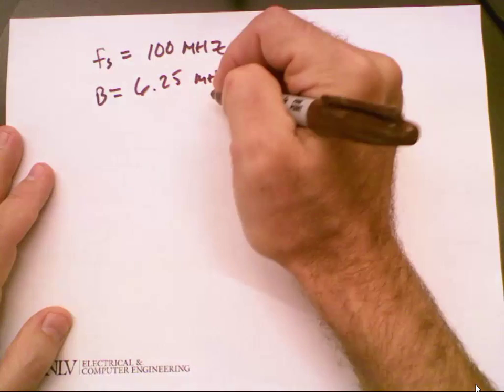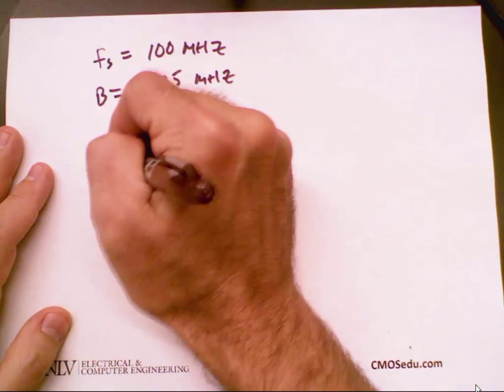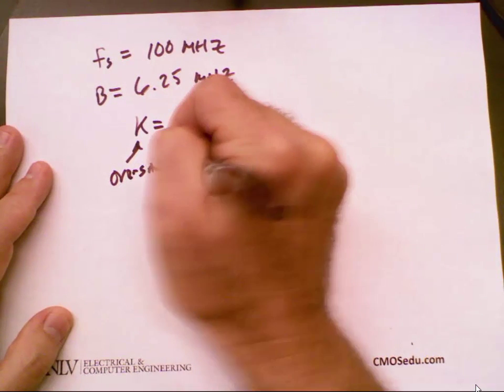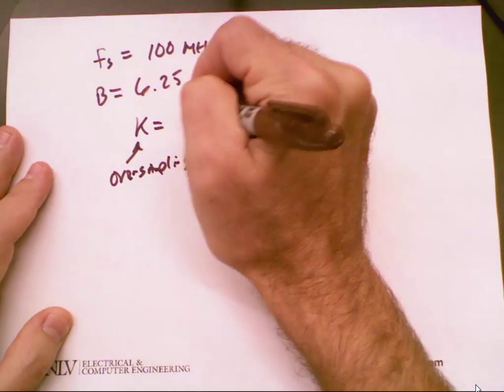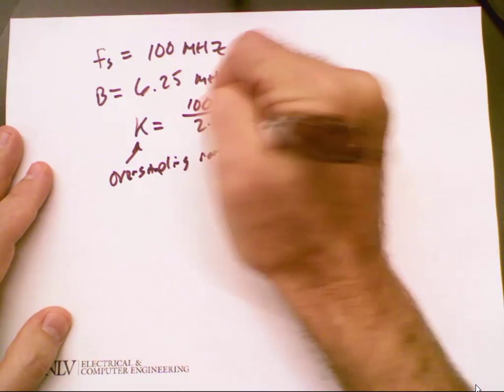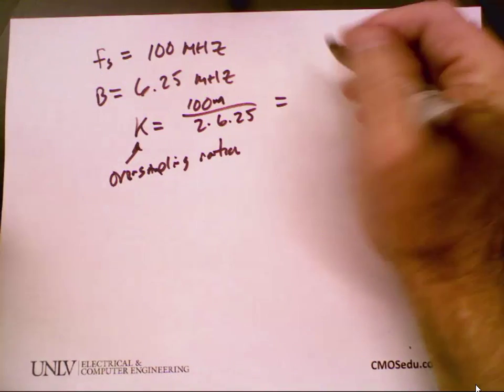So then I ask, what is K? K is my oversampling ratio, and that's equal to 100 megahertz over 2 times 6.25, which is 8.